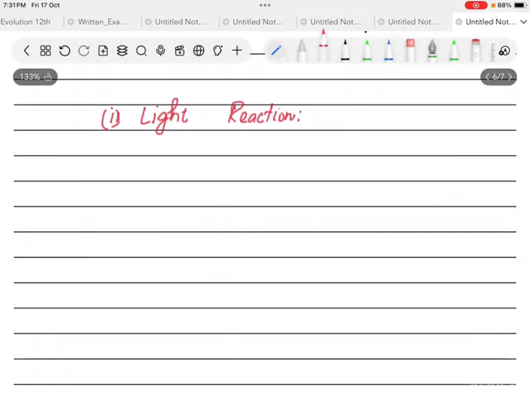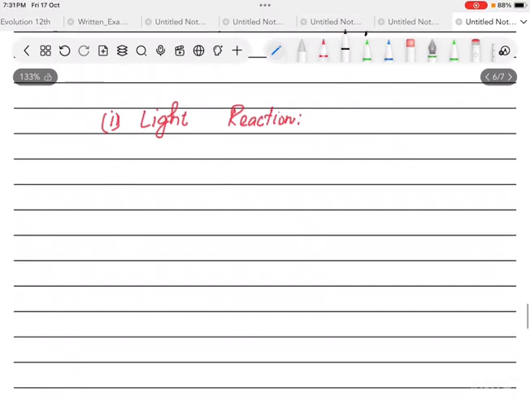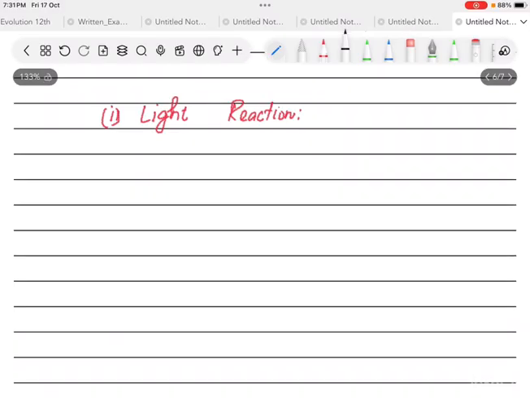What are the steps that take place during light reaction? Okay. For understanding light reaction, I'm writing the representation of photosynthesis again.